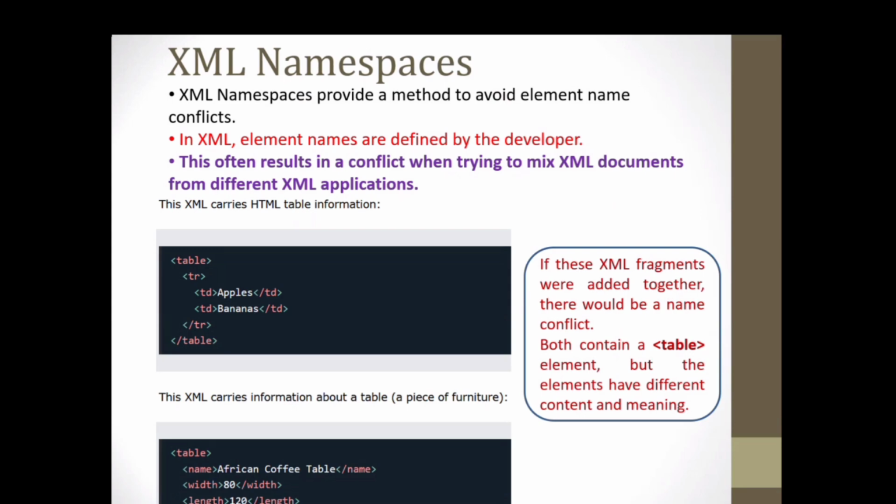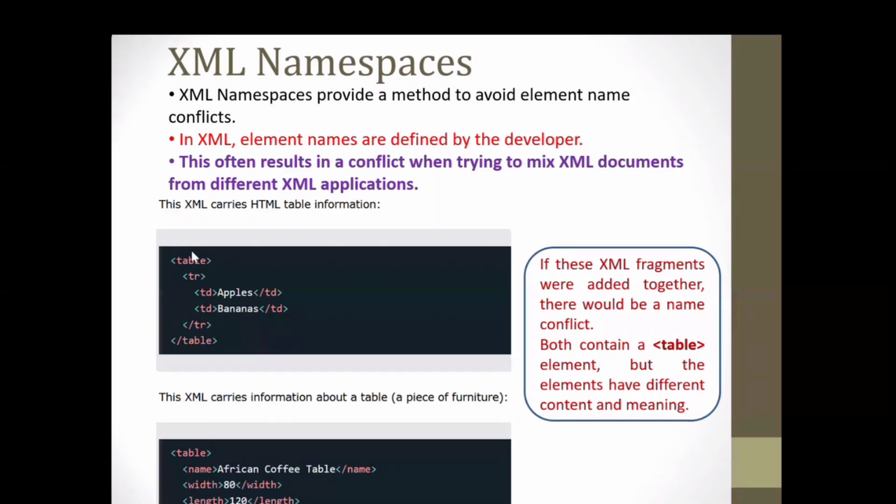Suppose multiple employees are working on some project and they have created some XML files. One employee has written this XML code and another employee has written this XML code. Later on, we are combining them in one single file. What will happen? Here we have a table tag, and here also we have a table tag. We are considering XML code, not HTML.